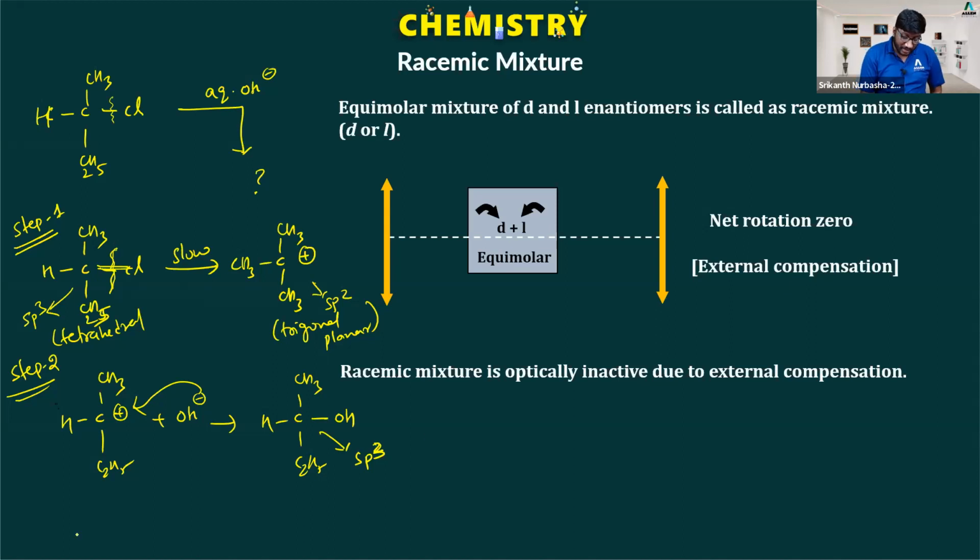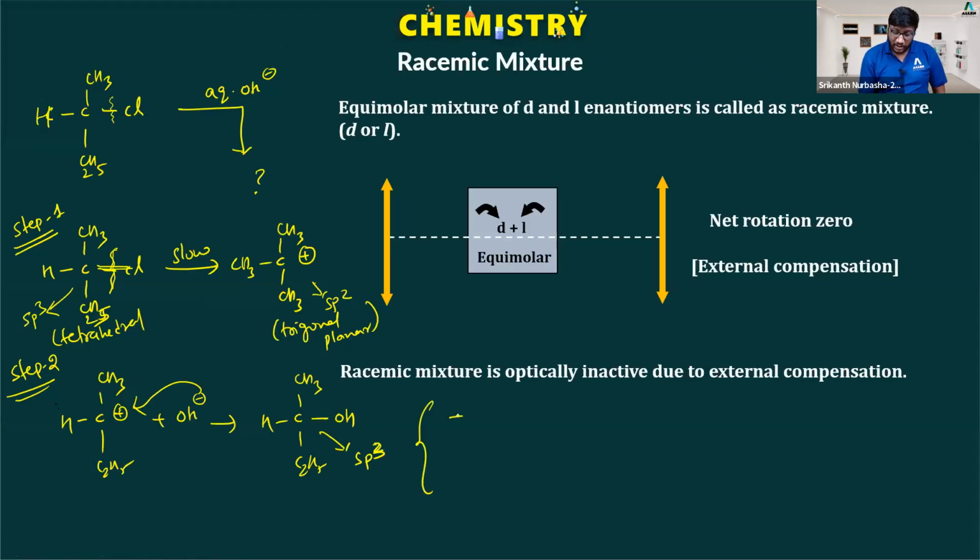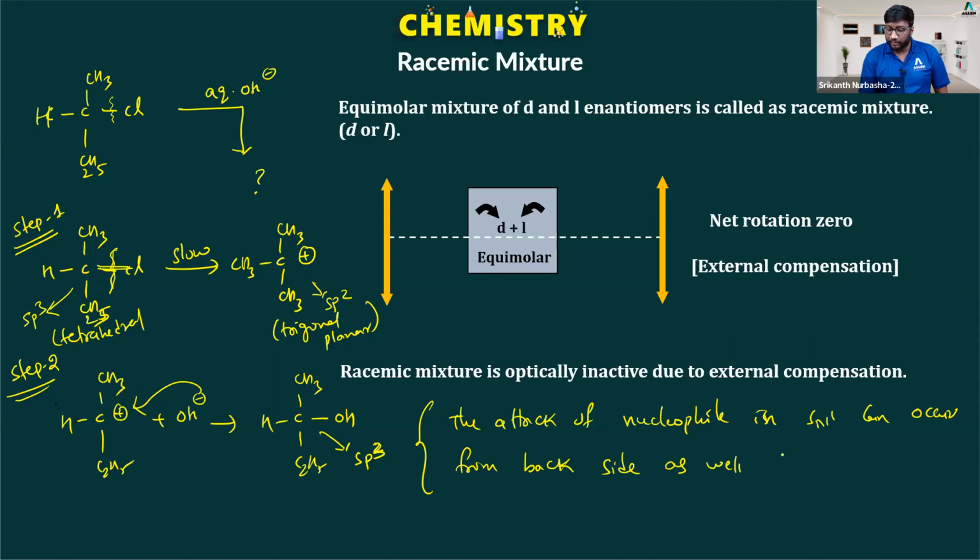So what happens in this case is, the attack of nucleophile in SN1 can occur from back side as well as front side, but back side attack is slightly more feasible.